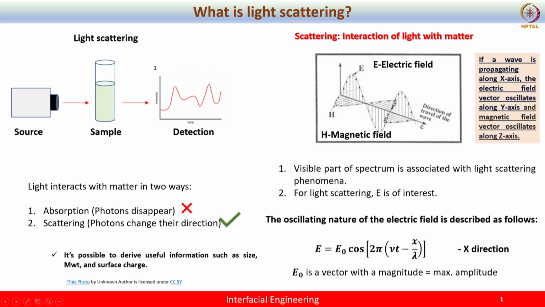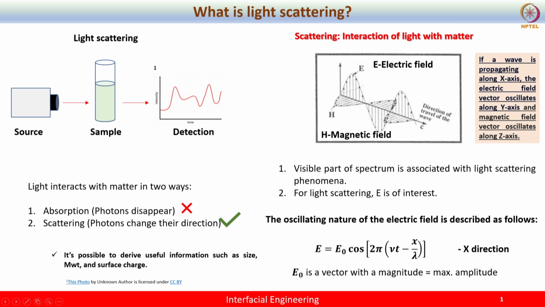Once it is interacting with the matter, these are some important parameters that you will often see in any light scattering equation. In general, when you shine light from a light source, the light interacts with the matter in the sample, and then we collect certain information after it passes through the sample.